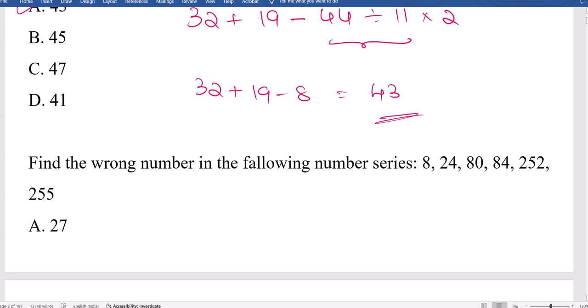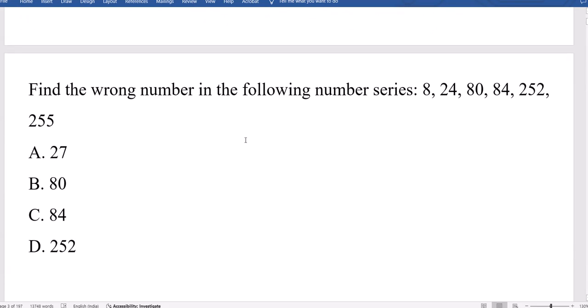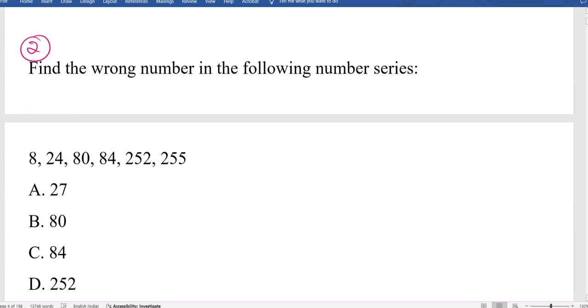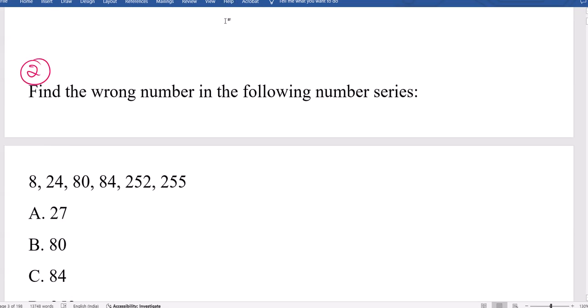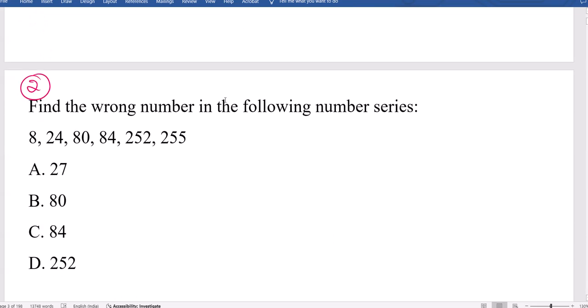Let's see about the next question. Find the wrong number in the following number series. Second question. Wrong number in this series.